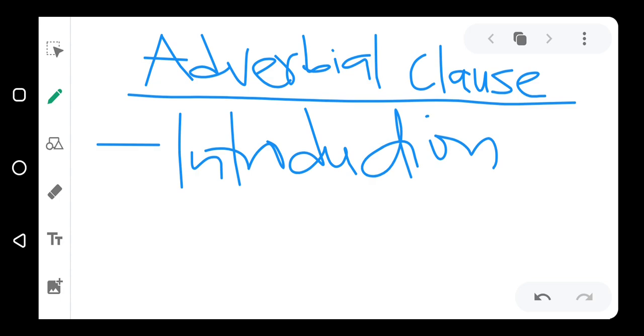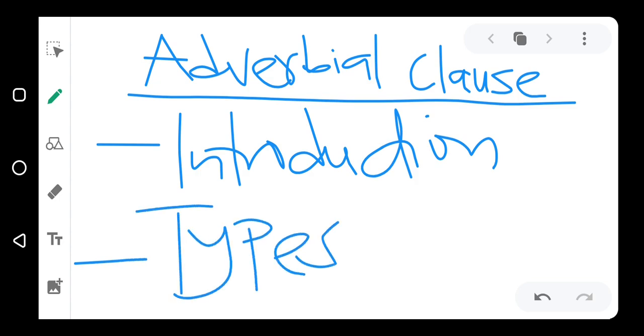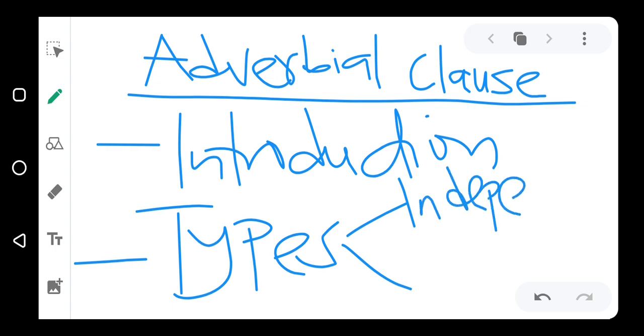The difference between a clause and a phrase is that a clause contains a subject and a verb, while a phrase does not contain a verb. And we talked about the types of clause, where we identified two types of clauses. We have independent clause and dependent clause.